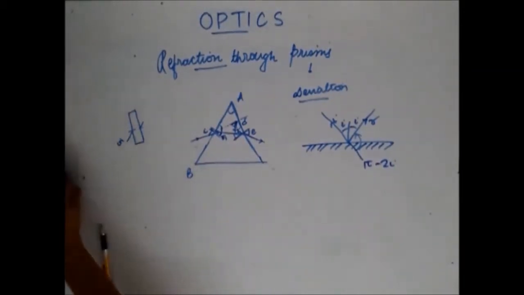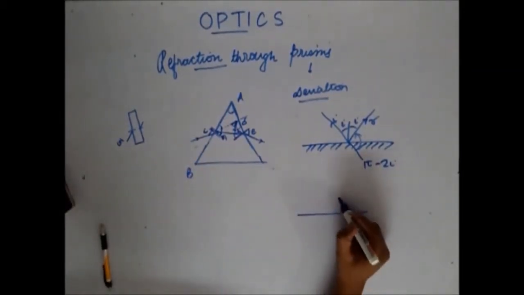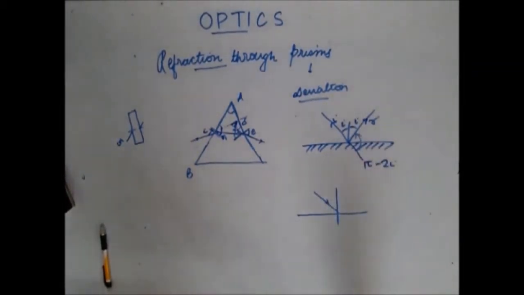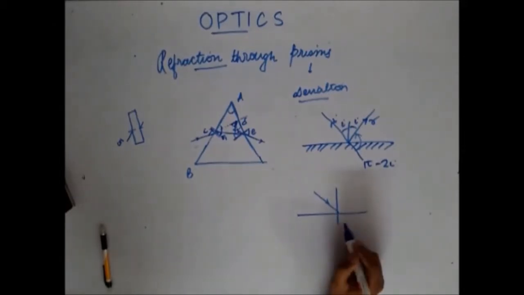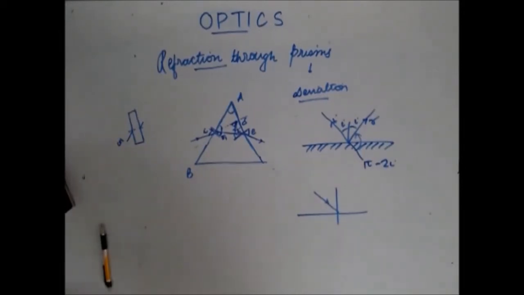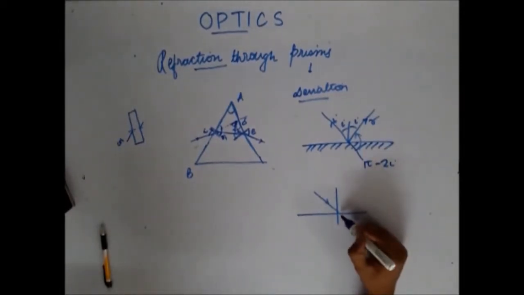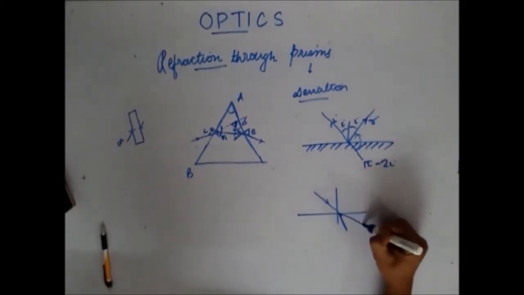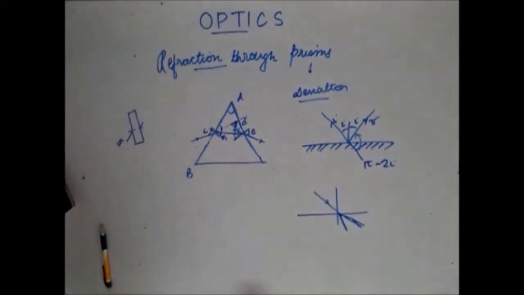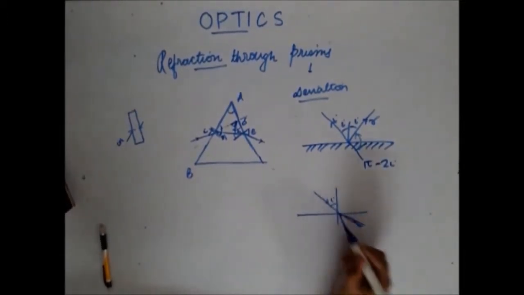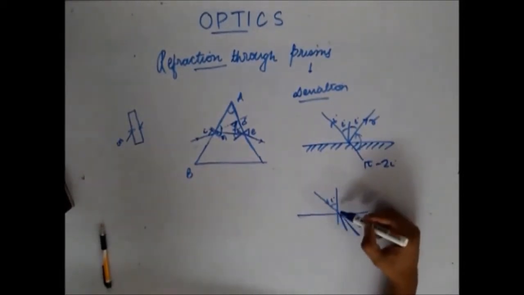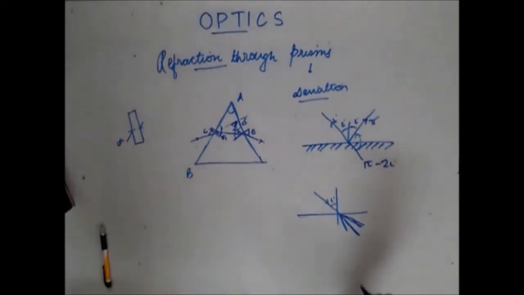Okay. Now in case of refraction, what happens? There is an incident ray which strikes the surface, and depending upon which medium is denser and which medium is rarer, the light ray may move towards the normal or it may move away from the normal. So this is my angle I, and if I extend this, if there was no surface, then the incident ray would have just passed like this.